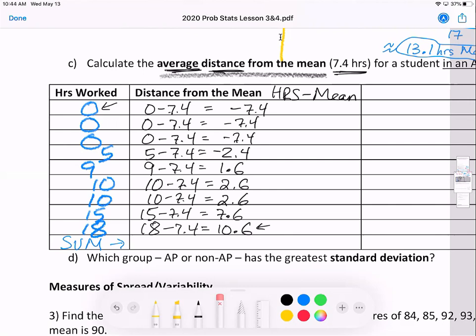And when we square all those, we get these numbers.